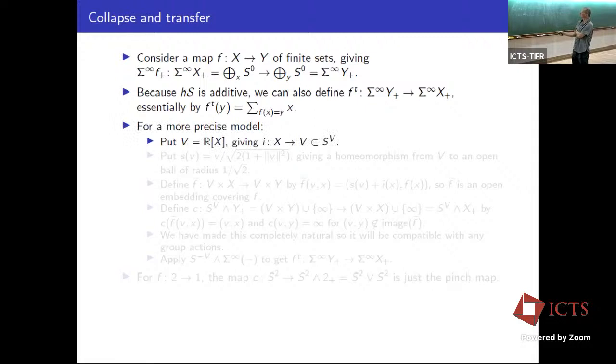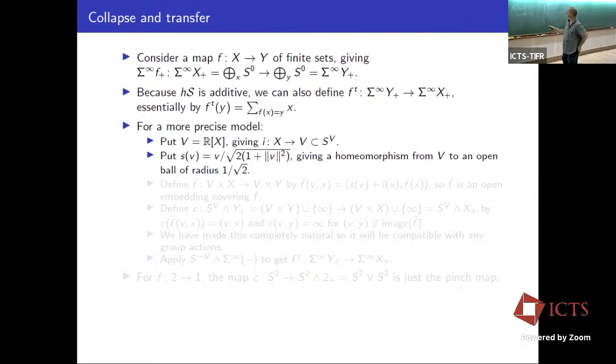So V is going to be the free vector space freely generated by the set X, so your set X gives you a basis, and i is just the inclusion of the basis in V. And remember, S^V is just V union infinity, so you think of V as sitting inside S^V.